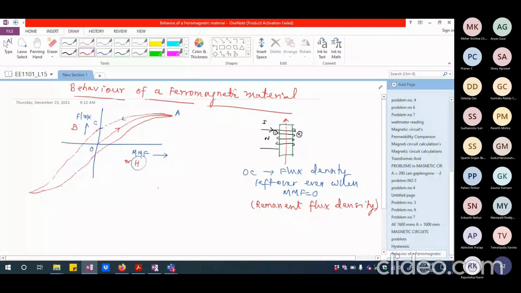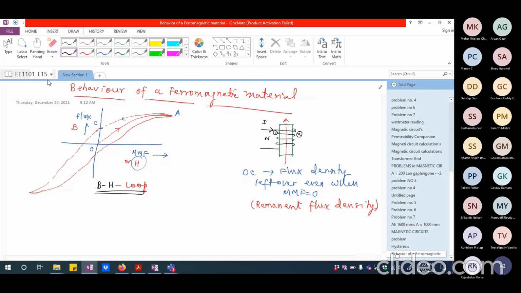This is the kind of loop it is going to have for the variation of B with respect to H. So we call this the BH loop. BH loop essentially indicates the variation of flux density with respect to the magnetic field intensity.